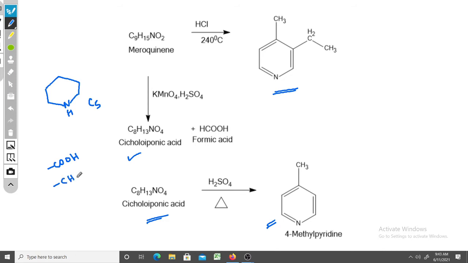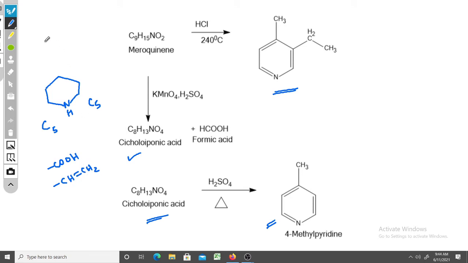Then another group is a CH double bond CH2 terminal alkene group. Okay, so 1, 2, 3, 4, 5. Five carbon is here. Then 4 more carbon should be there in case of meroquinine.